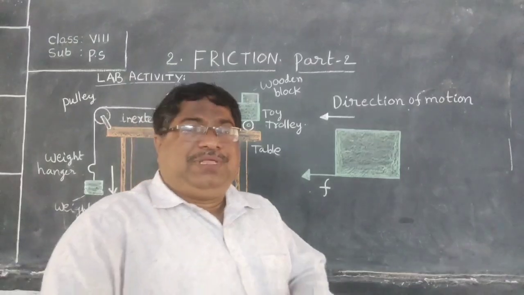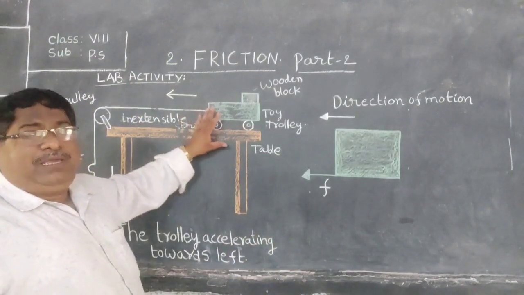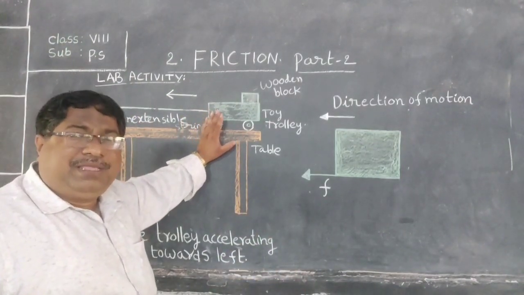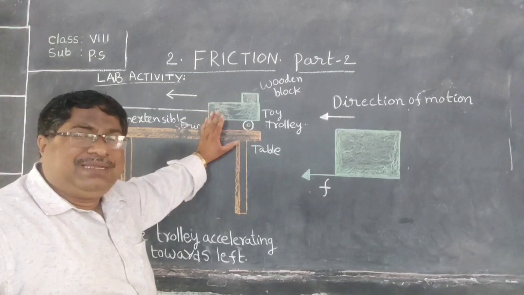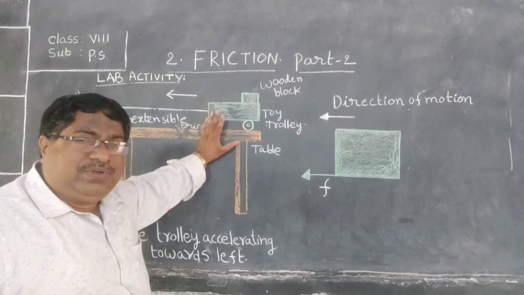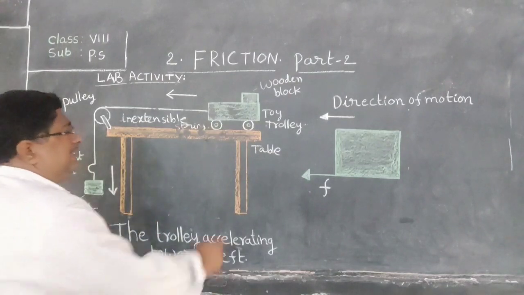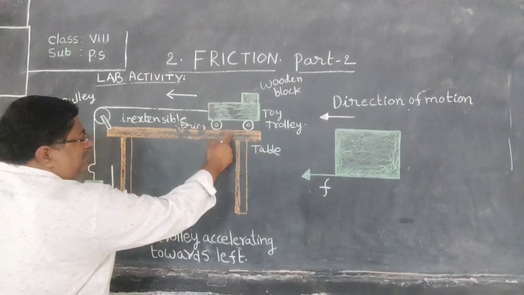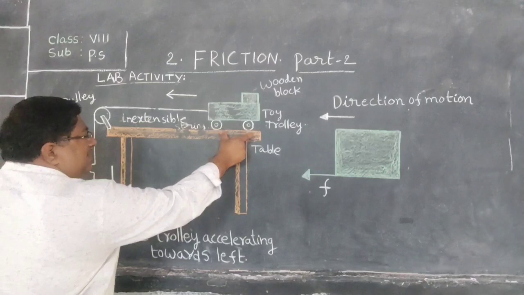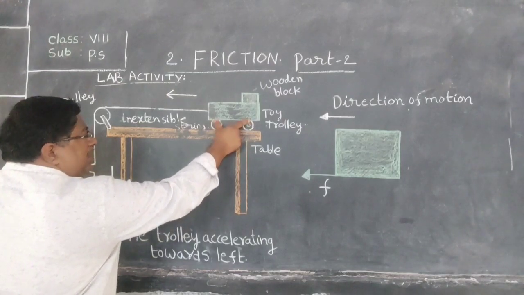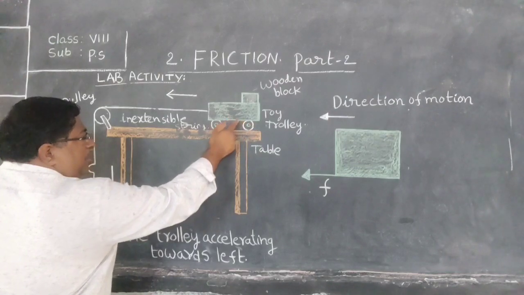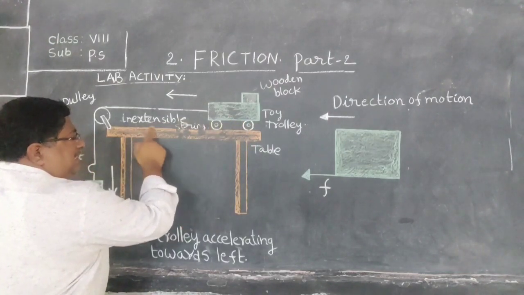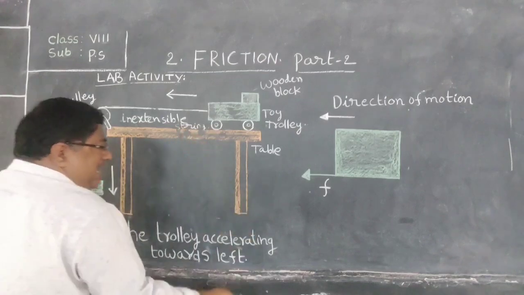From this lab activity, we observe that there exist two types of friction at a time. The first one is the sliding friction between the surface of the table and the trolley, because the trolley is moving on the surface of the table. This friction is called sliding friction.